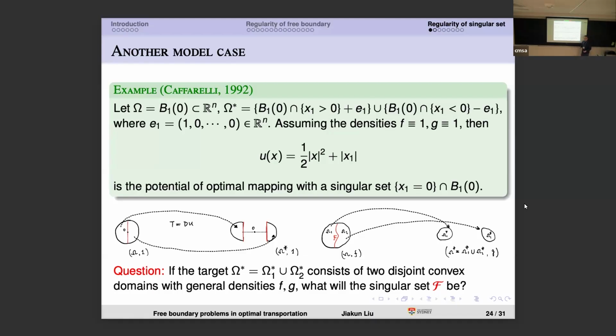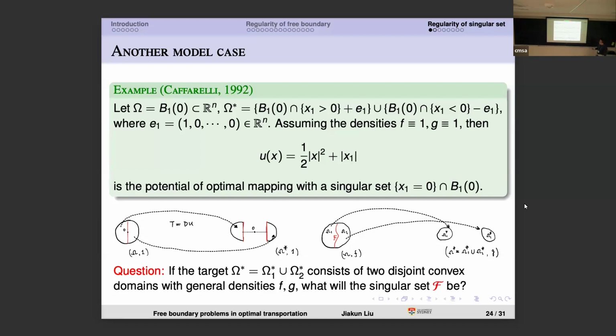So you have to decide which part goes to Toronto and which part goes to New York City. In between, you have a hypersurface dividing the whole domain into two parts. You can call this the singular set because the potential function will not be differentiable. Similar to Caffarelli's example, the potential function will not be differentiable along this hypersurface.